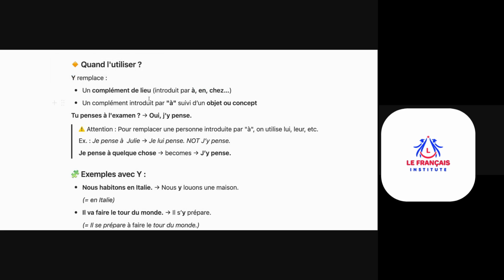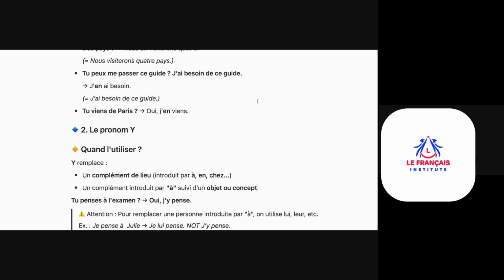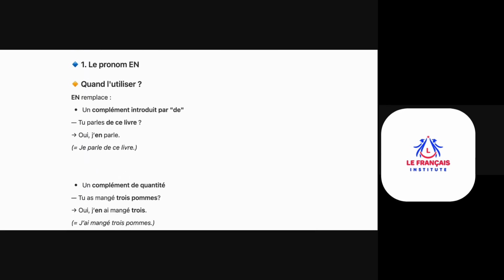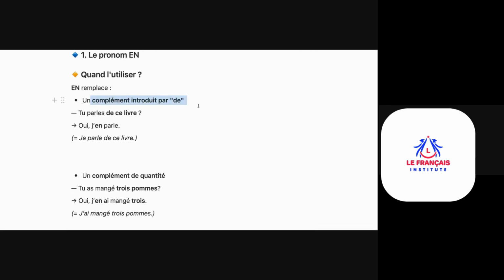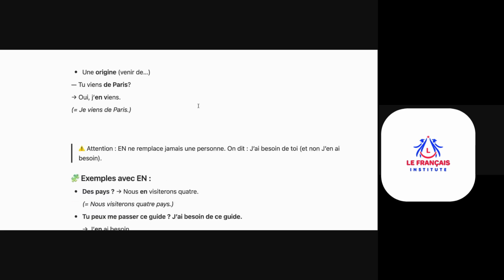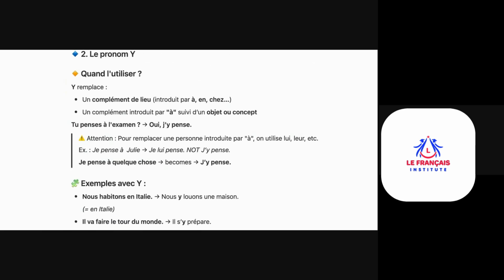So any complement of place introduced by these prepositions à, en, chez, or any complement that is introducing any concept using à. So just like here we had de for en, here we have à for y.